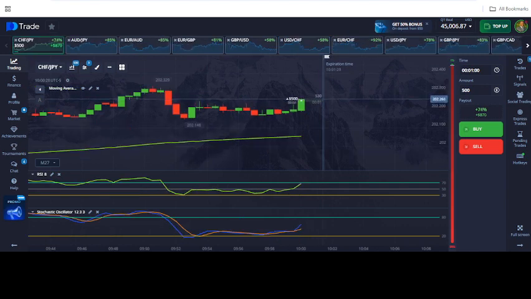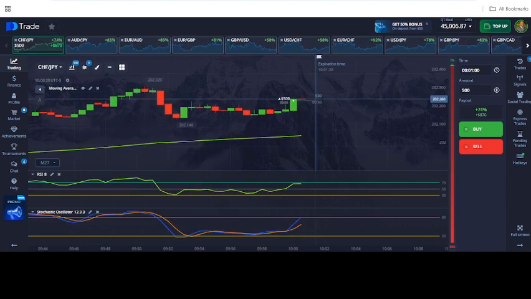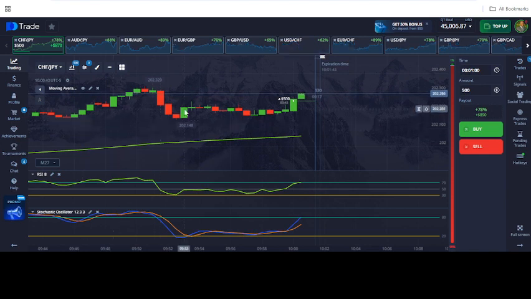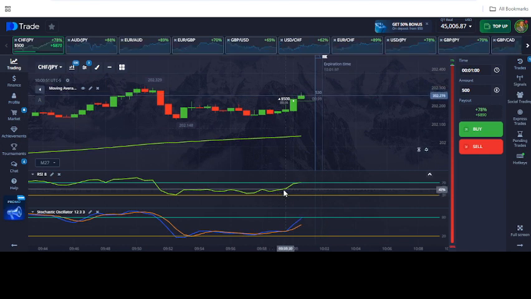Okay, so I'm on the Swiss franc Japanese yen currency pair, and I just took a buy trade here. The reason why I took the buy trade is, first of all, we're seeing a bullish price action in the price of the currency pair. The candles are holding above the 150 EMA line. Secondly, the RSI line crossed above the 50 line here in an upward direction.